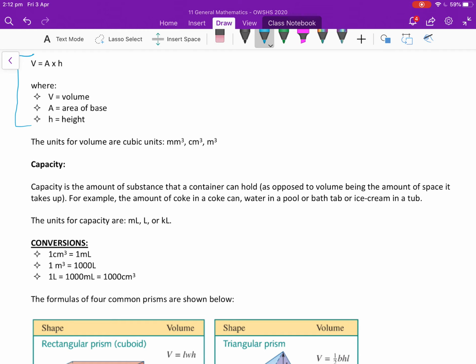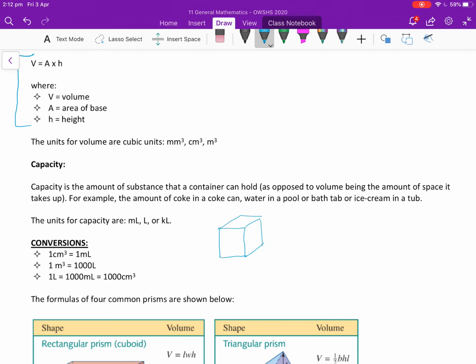If we want to convert between our volume and our capacity units, 1 centimetre cubed would hold 1 millilitre. 1 metre cubed would hold 1,000 litres. So if you think about a 2 litre bottle of milk, you'd fit 500 of those in the space of a metre cube. Remember, a metre cube is 1 metre high, 1 metre to the side, and then 1 metre deep.